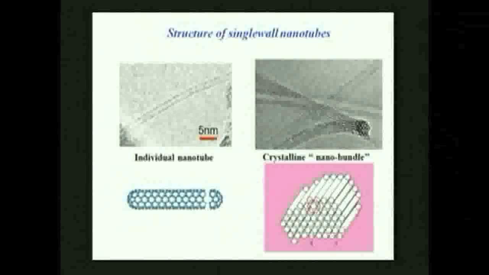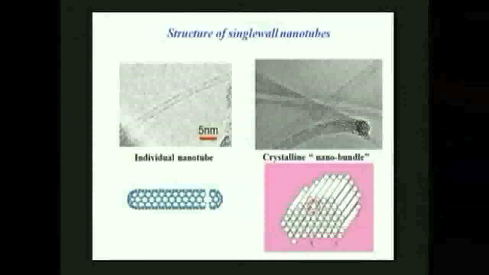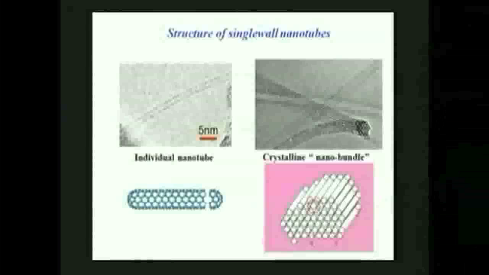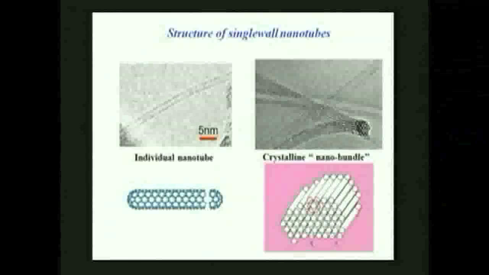An ideal nanotube is individual, like in this case. Its diameter here is around 1.5 nanometers. This is a true single-wall nanotube that is individual, exactly the one we were working on in the sketch. But in reality, usually these nanotubes are not individual.